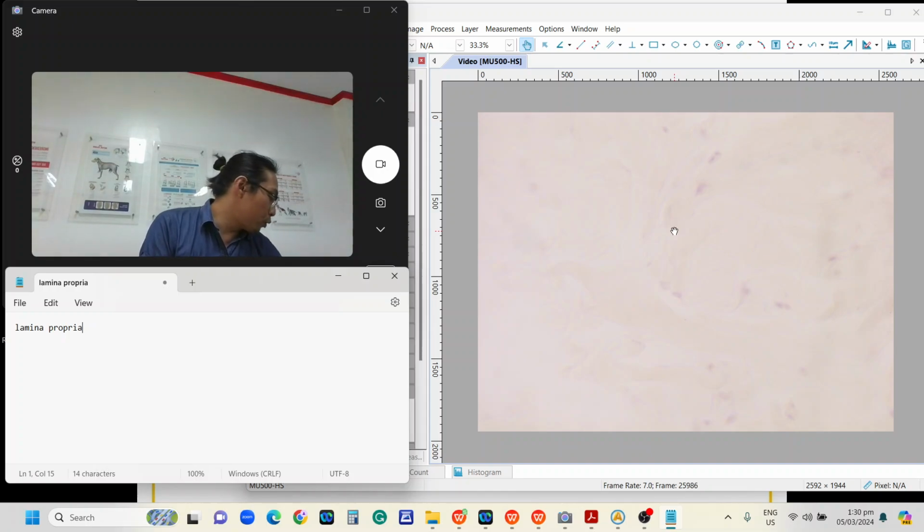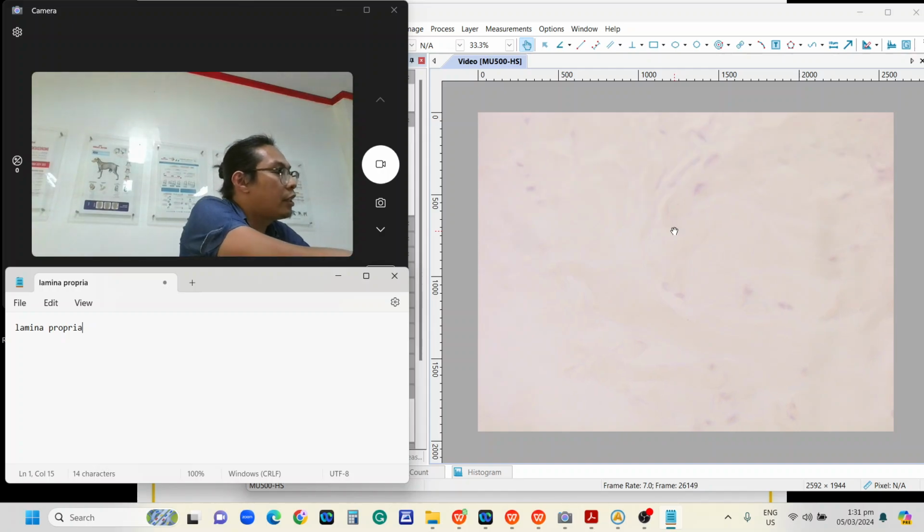Now, let's move on to the reticular. Oh, sorry. Nalimutan ko ang elastic. Elastic connective tissue. We have the elastic connective tissue.